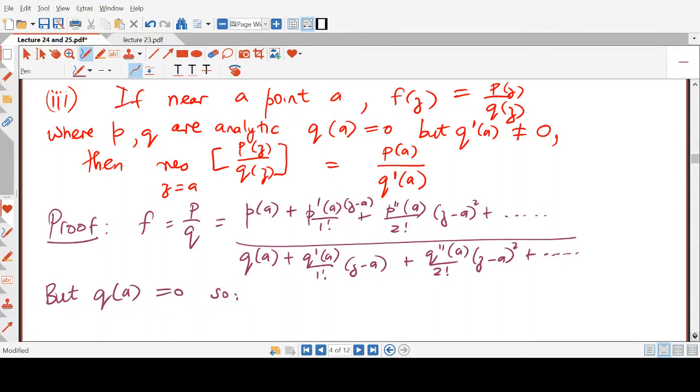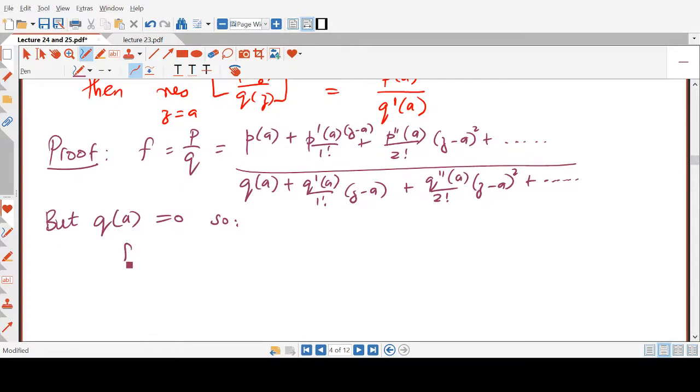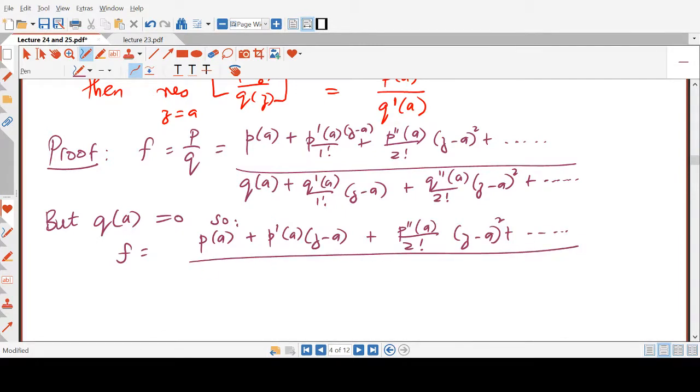So f boils down to p of a plus p dash of a, z minus a, plus p double dash of a over 2 factorial, z minus a squared, and so on, all upon q dash of a, z minus a, plus q double dash of a over 2 factorial, z minus a squared, and so on.